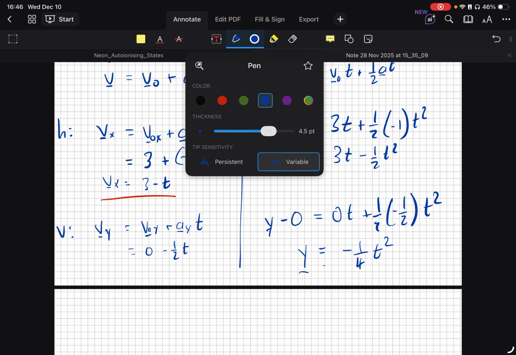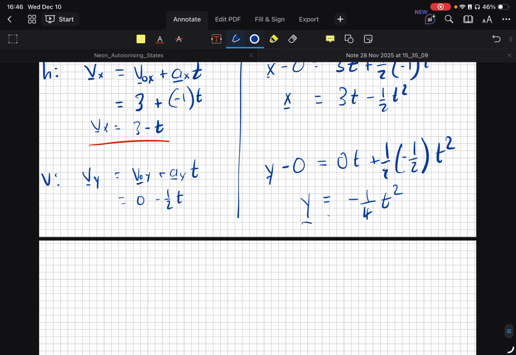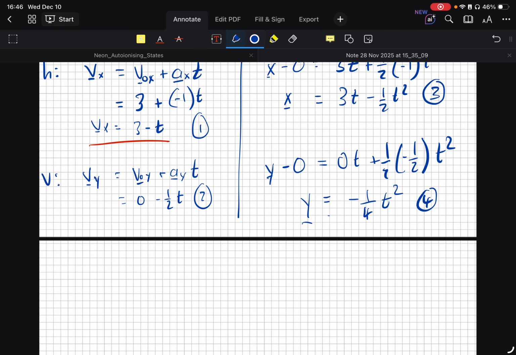If I number these equations 1, 2, 3, 4, we can say from equation 1 that vx equal to 0 equal to 3 minus t will tell us that t is just equal to 3 seconds. So the moment at which x is at its maximum is when t is equal to 3.